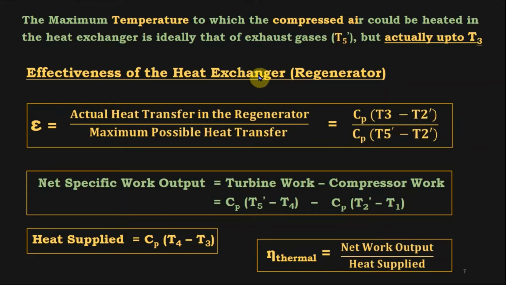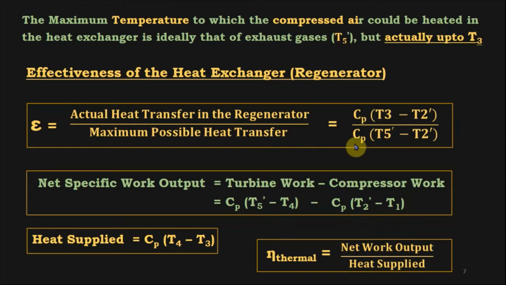But ideally, the maximum possible heat transfer could be Cp into T5 dash minus T2 dash, and T5 dash is the temperature with which the exhaust gas is entering the regenerator.